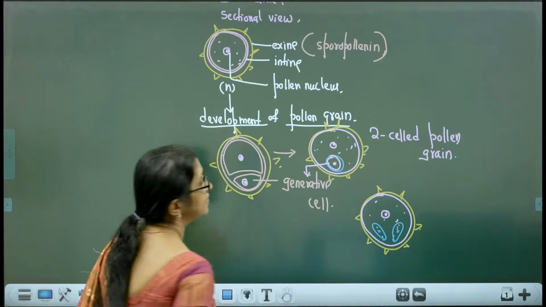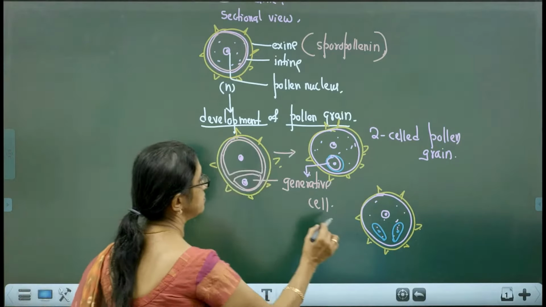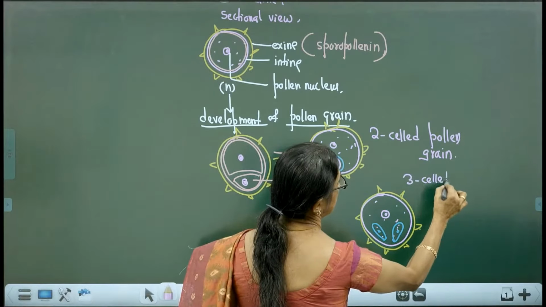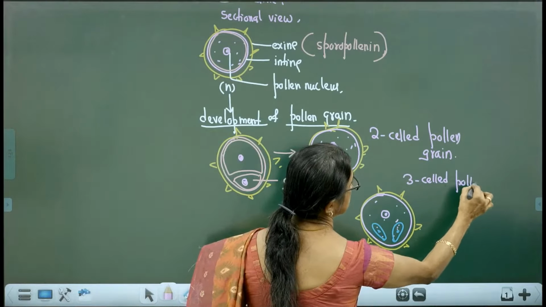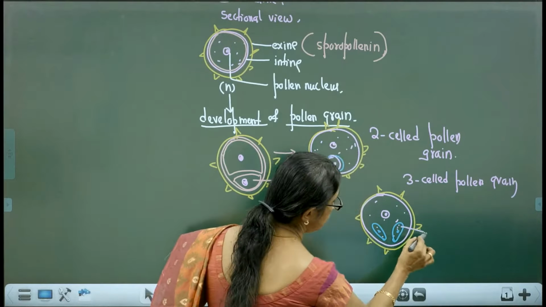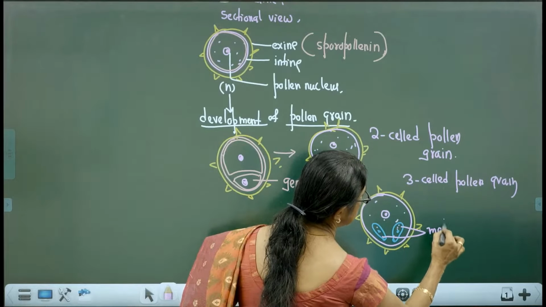So this is a two-celled, and a three-celled pollen grain will appear like this. This is a three-celled pollen grain, and these two represent the male gametes.